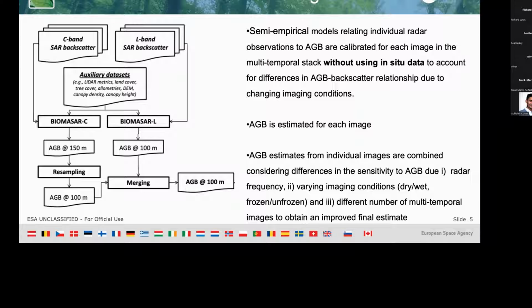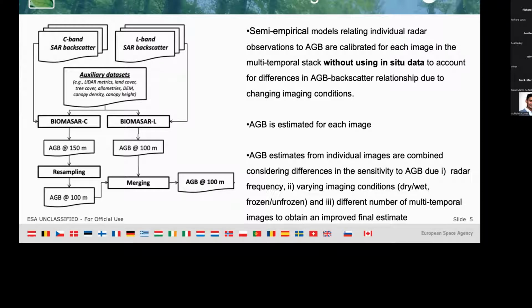And these backscatter to biomass relationships vary a lot, spatially, but also temporally with different imaging conditions. It makes a difference if the images have been acquired under wet or dry conditions, frozen, unfrozen, so that needs to be considered. So in this algorithm, for each individual image we have, so several 100,000, we estimate biomass individually.